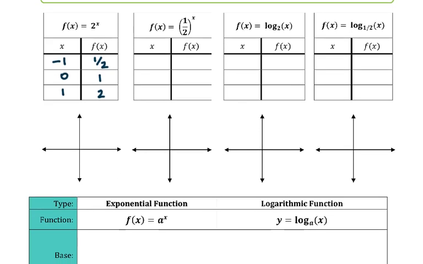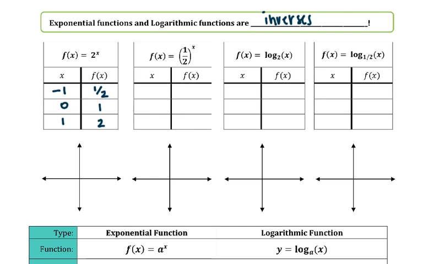And so what that looks like on our Cartesian plane here is we end up with a graph that is curving up. All right, and one thing we'll notice as we examine this more is that it has a horizontal asymptote right here at y equals 0.